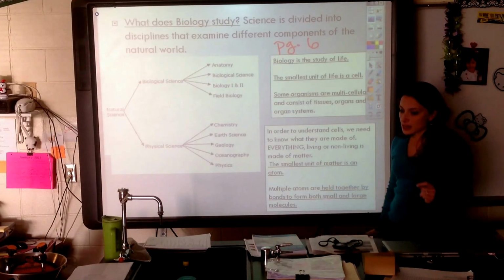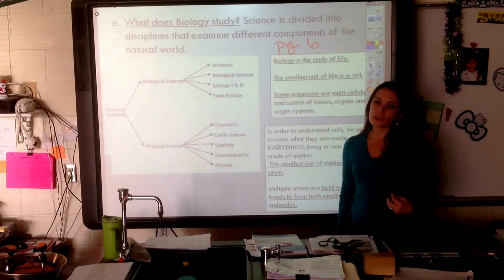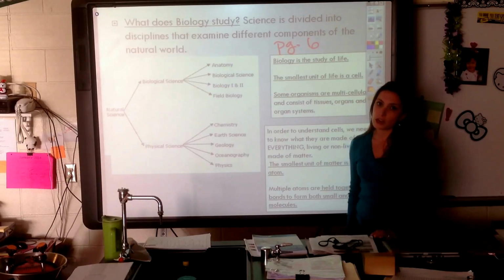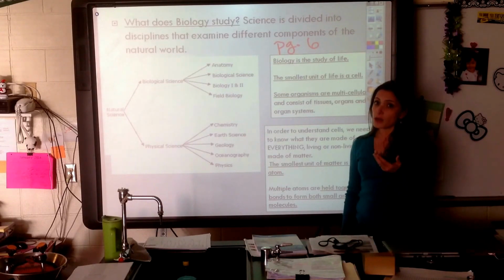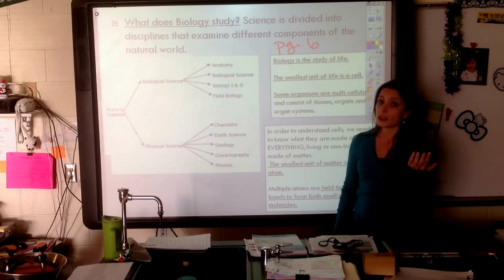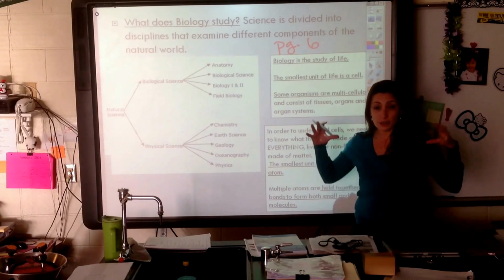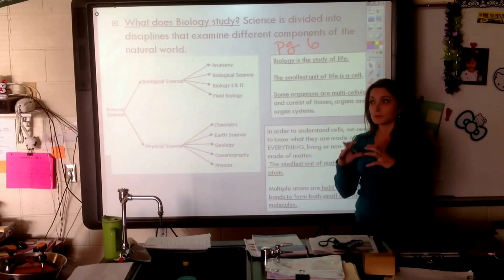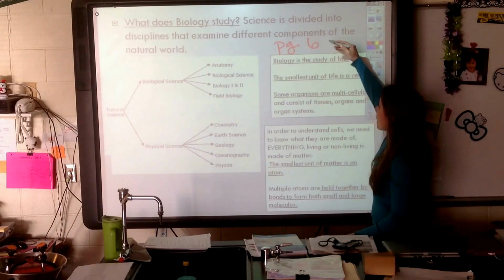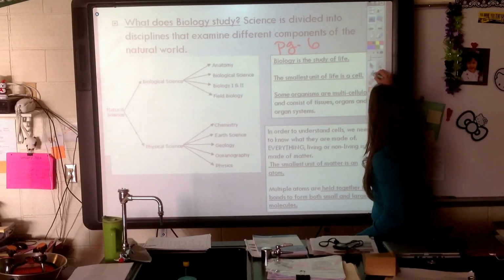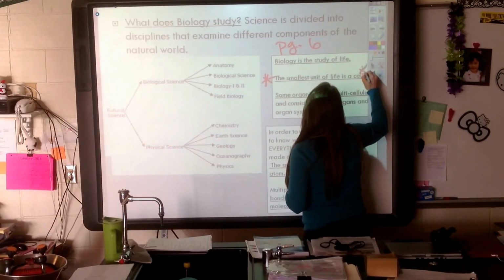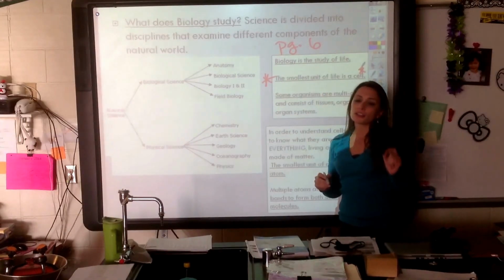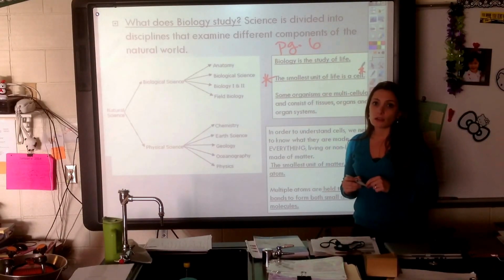And so we're going to take some time today just to make sure that we really understand what a molecule is and how a molecule is different from a cell, but how molecules can build up the cell. So, when we're back on page 6, we really want to make sure that we have put a big star by the fact that the smallest unit of life is a cell.